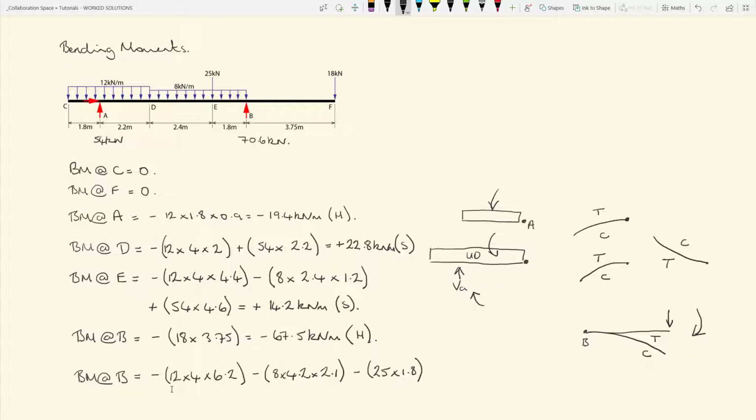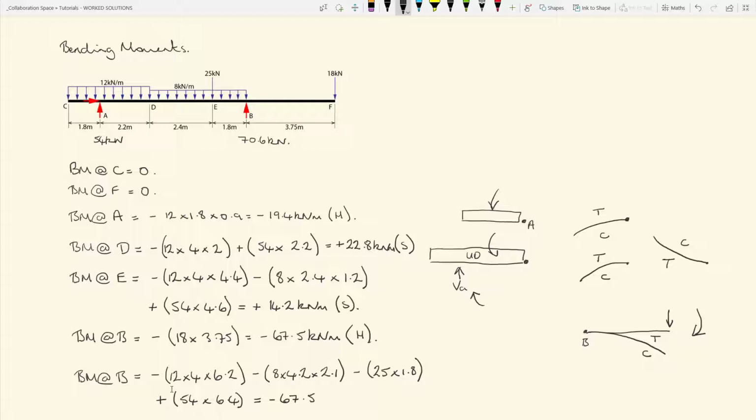That takes care of all the loads that are causing negative bending, so they're all causing tension on the top, and then we're going to take account of the vertical reaction at A. That is causing tension on the bottom, so it's positive bending, so it's plus, and that's 54 times 6.4, and all of that, if you solve it, ends up with a bending moment at B of minus 67.5 kilonewton meters.